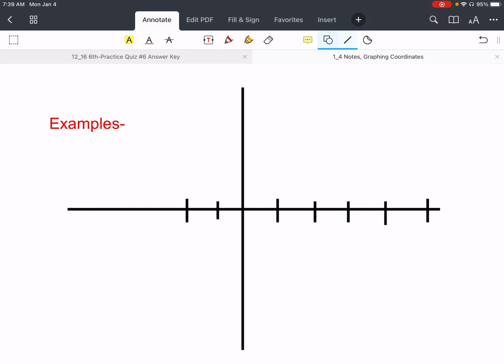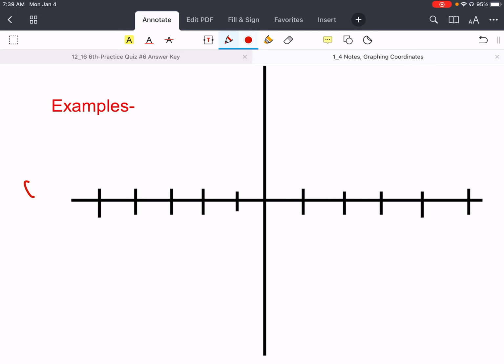And my x-axis is always horizontal. So I'm going to label that here just so I don't forget. Maybe I'll label it here. There we go.